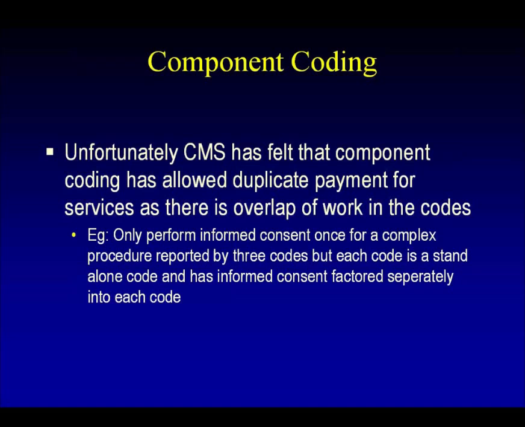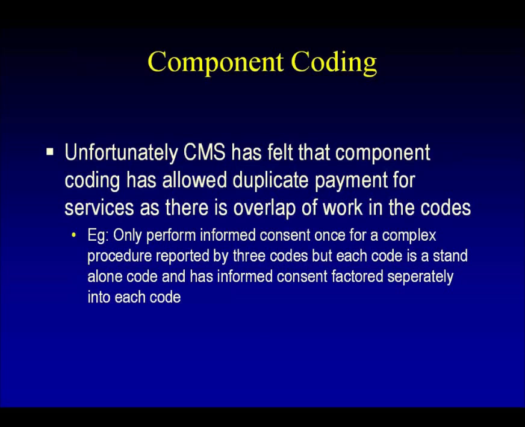So they're paying for informed consent for the angioplasty, for the stent, and for the angiogram. From CMS's perspective, you don't do 3 separate consents, you do 1 consent for all 3 procedures. Why are we paying you to consent this patient 3 times?